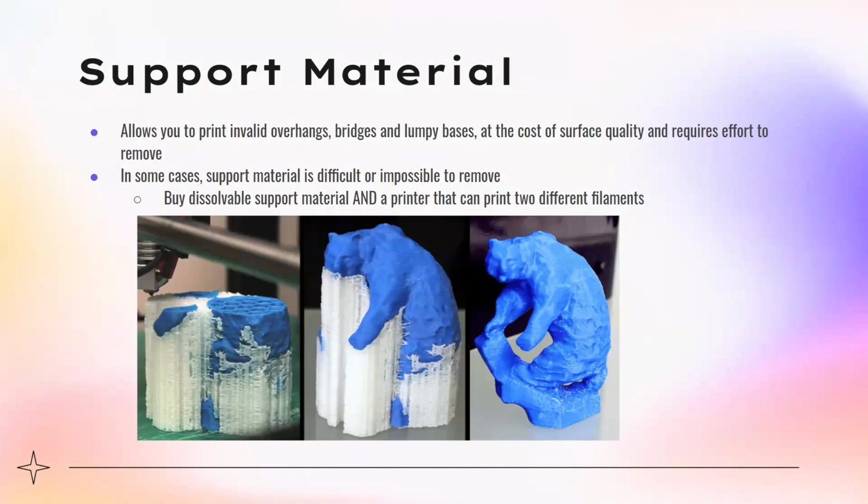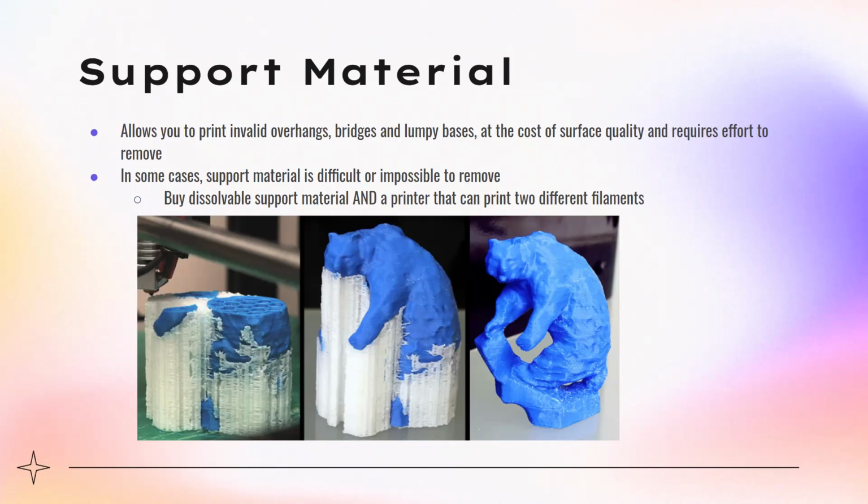And if you really don't have an option to cut or find a really nice spot, consider support material. It allows you to print invalid overhangs, bridges, or lumpy bases at the cost of surface quality, and it requires effort to remove. Some require a high pressure water gun, and others just require a lot of patience.